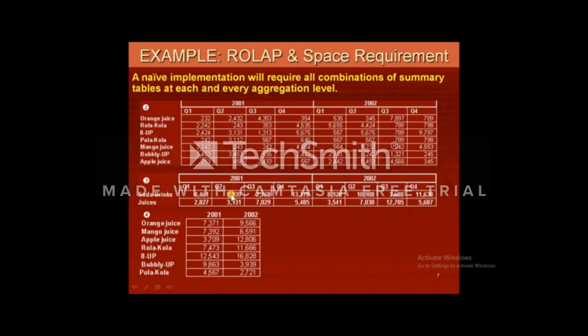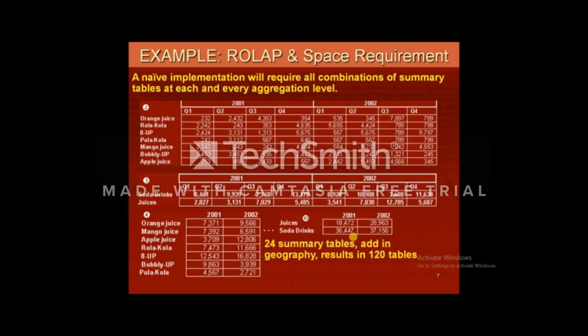And similarly, we can also take a look at this table, which is now products and categories, whose sales values are being calculated according to the year. Similarly, we can simply say that if we have n hierarchies in our first dimension, and we have m hierarchies in our second dimension, we will have n into m summary tables.